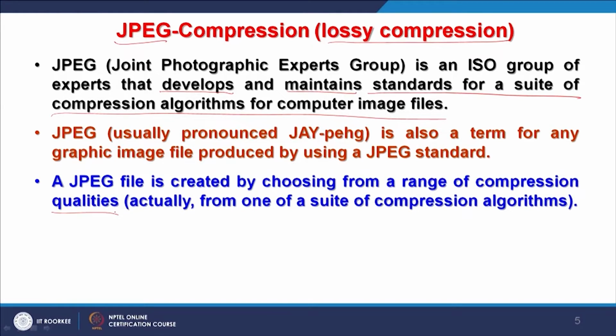Another point which I also want to mention before we go into a little more discussion about JPEG is that people are always going for higher and higher megapixel cameras, whether it is a mobile or professional or digital SLR camera.